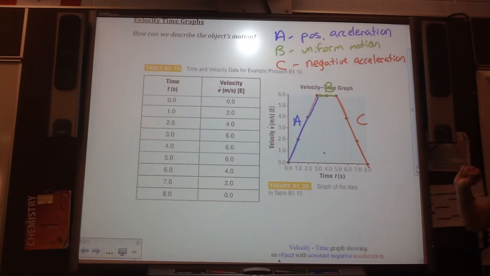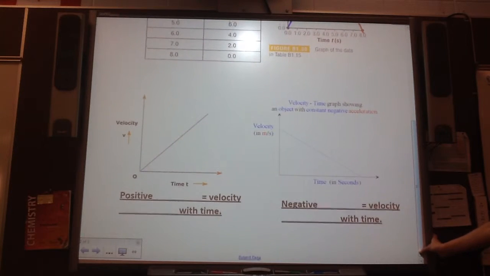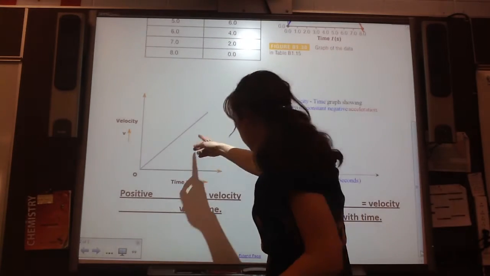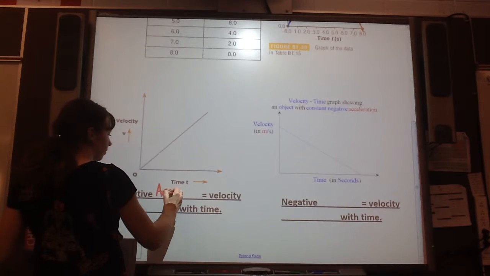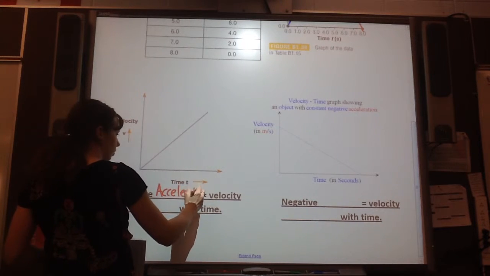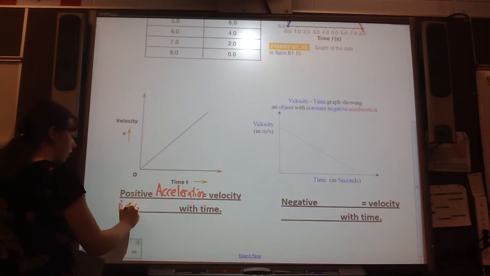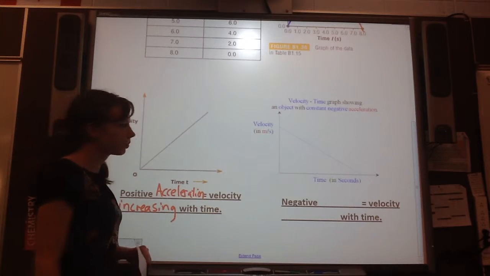Is everyone good with that note? Yeah? Okay. So now let's look at these two graphs. So here, this is positive acceleration, because velocity is increasing with time.